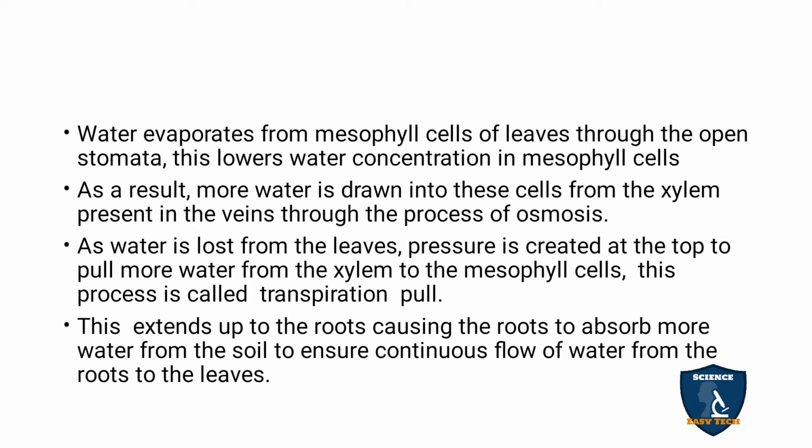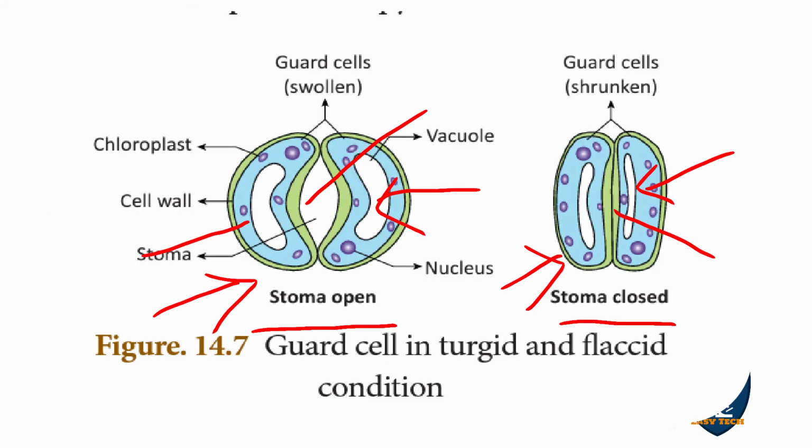From the mesophyll cells, the water is evaporating. During that time, the turgidity is more in the stomata, because the water concentration is high, and due to that the stomata is open.